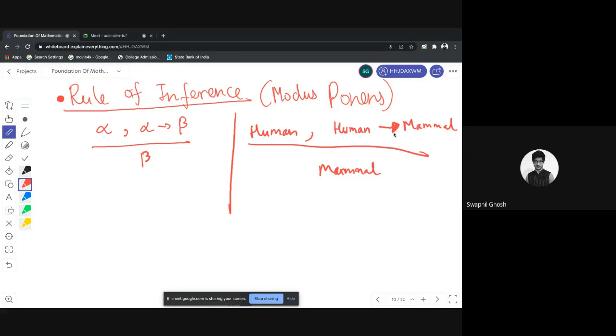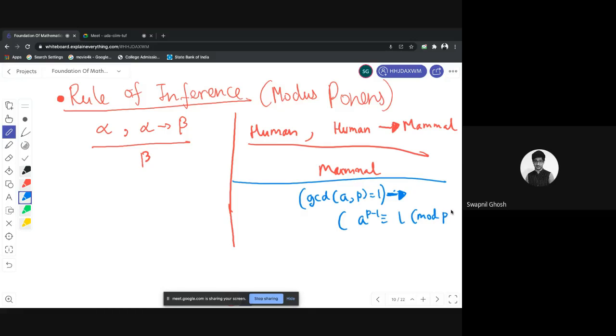For example, in mathematics, if GCD of a comma p is equal to 1, it implies that a to the power p minus 1 is congruent to 1 mod p, by Fermat's theorem.